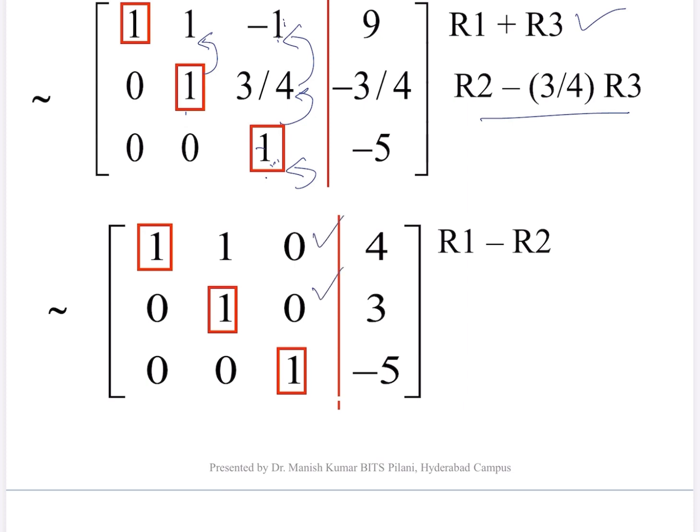Now we have to target this pivot element, and above it there are still non-zero entries. And what the Gauss-Jordan method says is, below the pivot and above the pivot all entries must be 0. So this entry is still non-zero, so we have to make it 0. So we simply do R1 minus R2, so we will get 0, right?